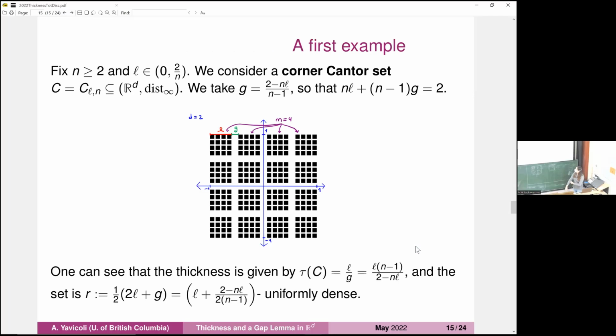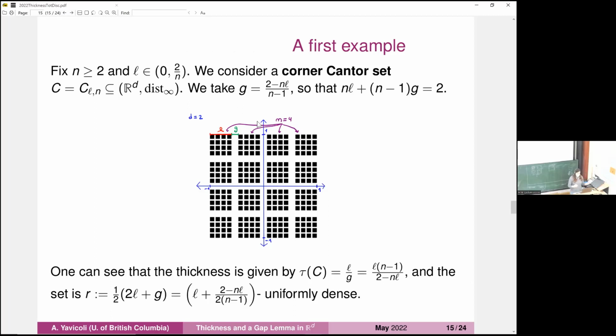Well, now I'd like to give the first example, or in fact, a family of examples for which we can apply the Gap Lemma, and we can get the thickness and everything explicitly.